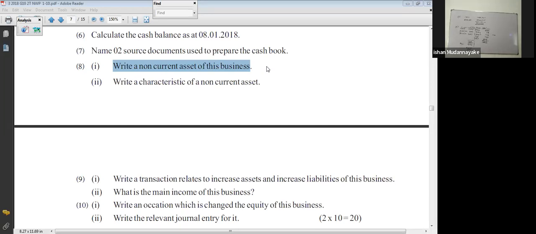Yes, we can take motor vehicle. The office building is also a non-current asset, and the motor vehicle is a non-current asset.